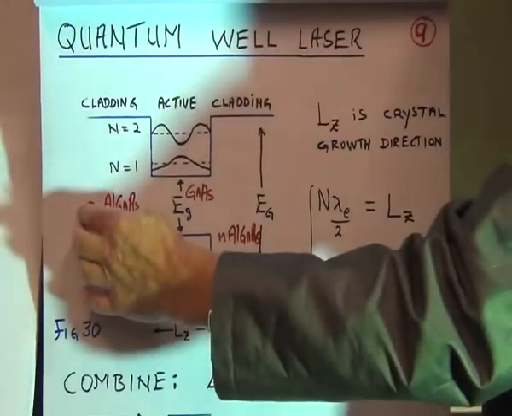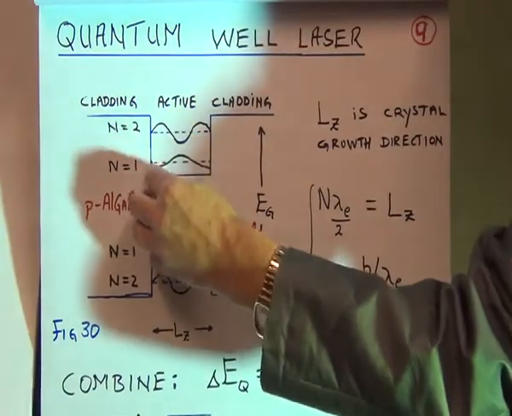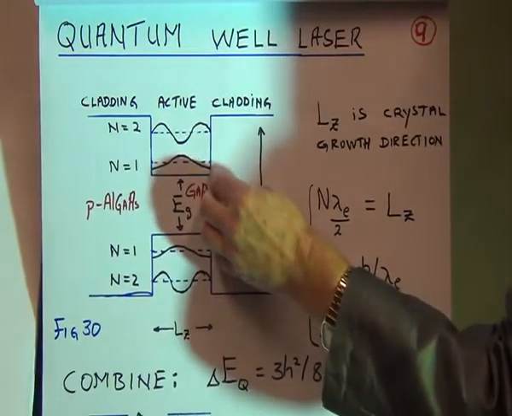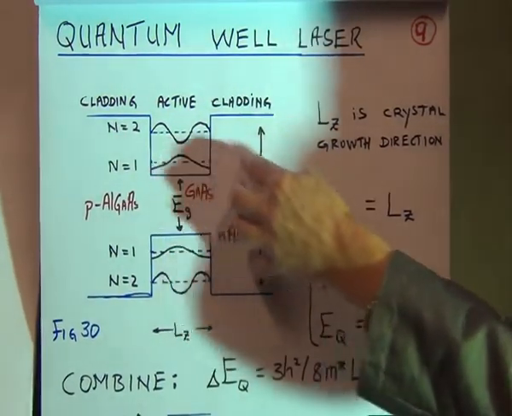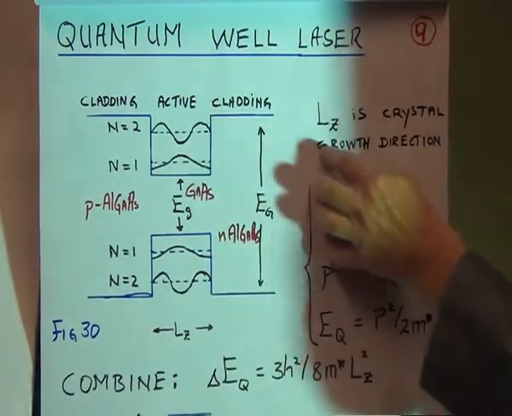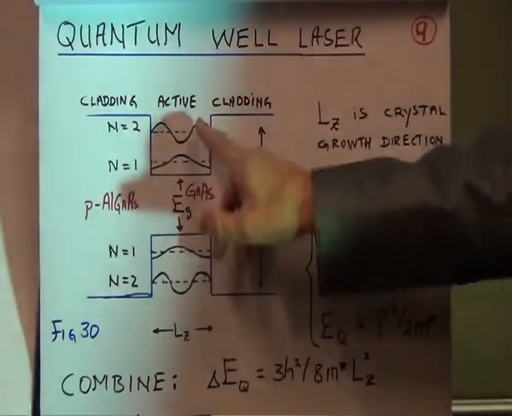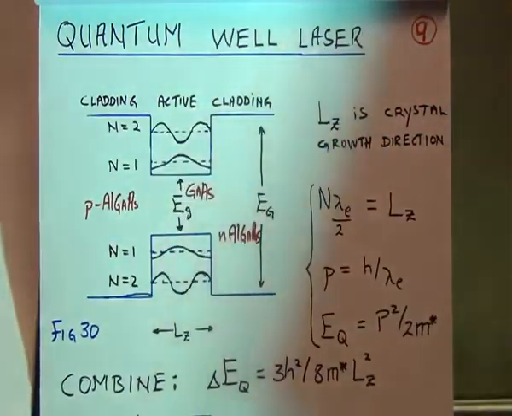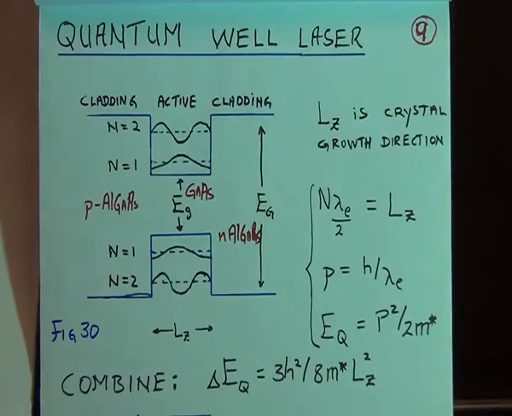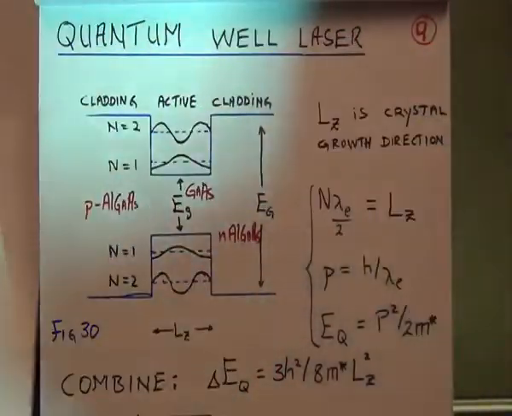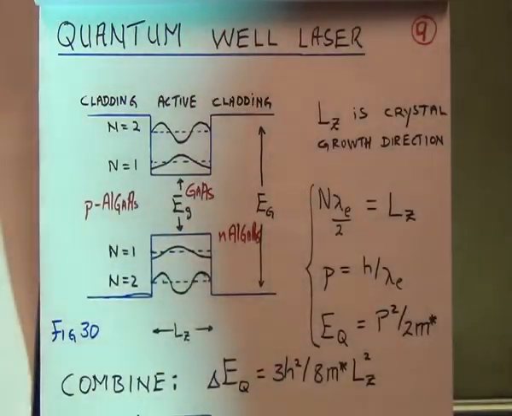We have the P layer, which is grown on top of a thin layer, and then that's grown on top of the other N layer of the chip. If this middle layer, which we're going to call the active one, is made thinner and thinner and thinner, you arrive at a quantum well device.